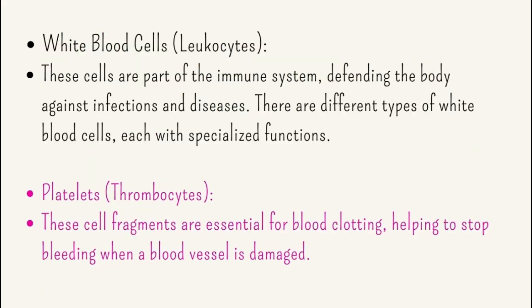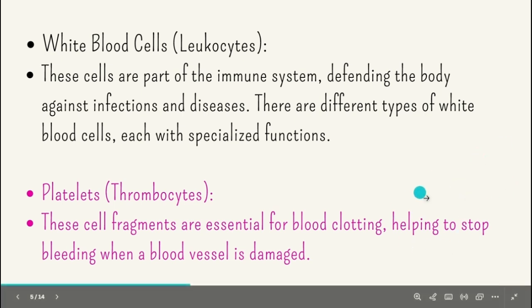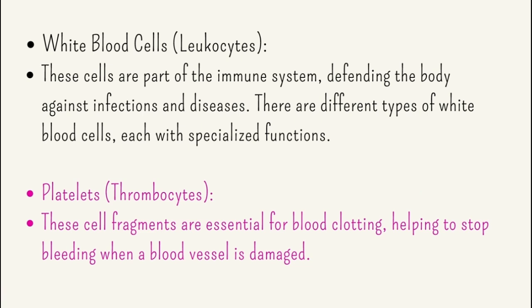So now white blood cells. The main thing that you need to remember about white blood cells is that they fight infection and they fight diseases, right? So for example, if you get a cut, these white blood cells are what would rush to the area.